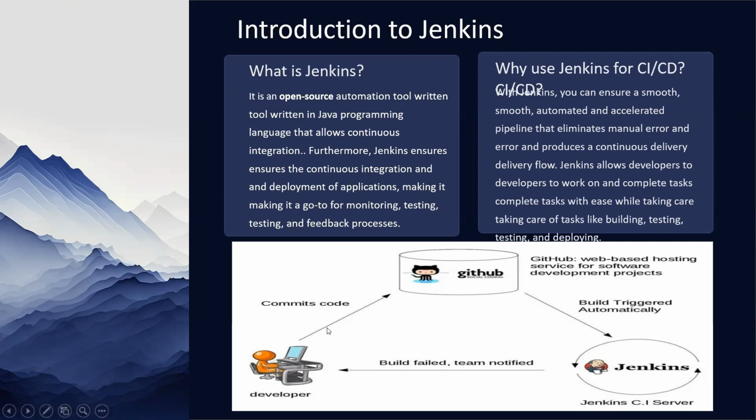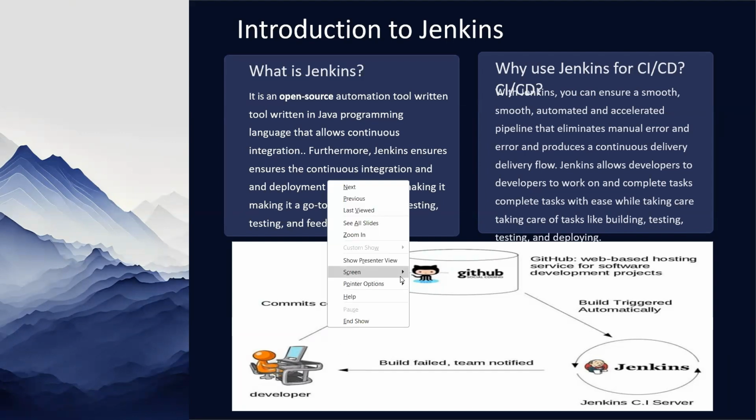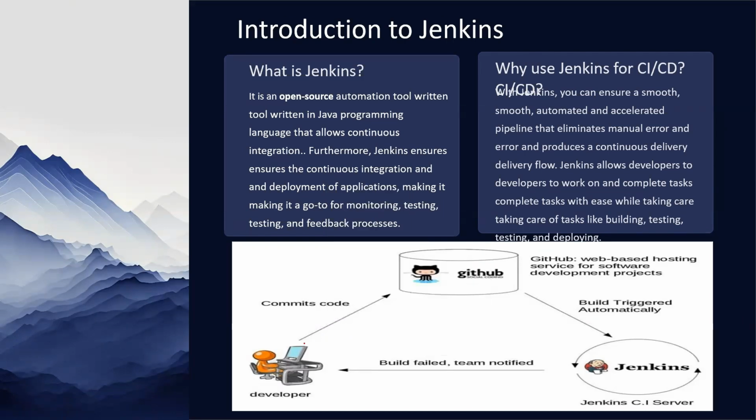Here you can see, I will use the pointer so you can easily understand. So this is the developer. The developer develops the code, commits it, and sends it to a repository, any repository like GitHub or Bitbucket.